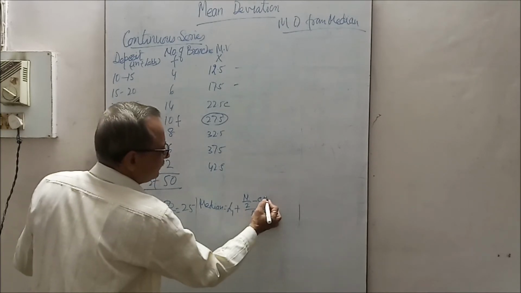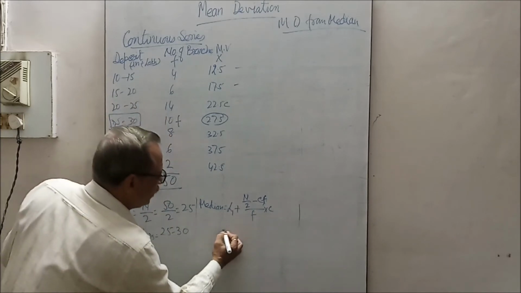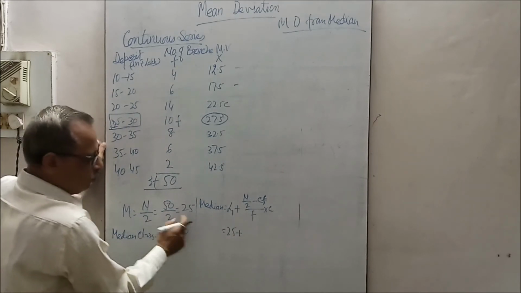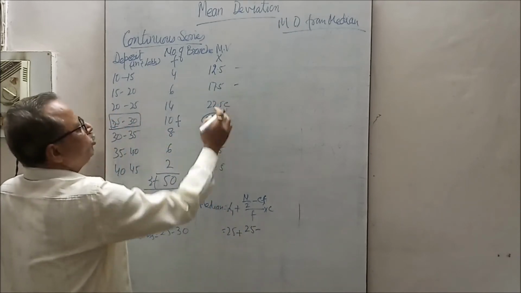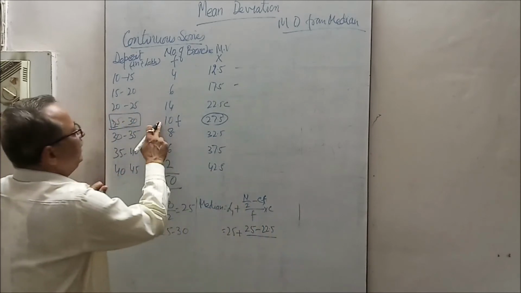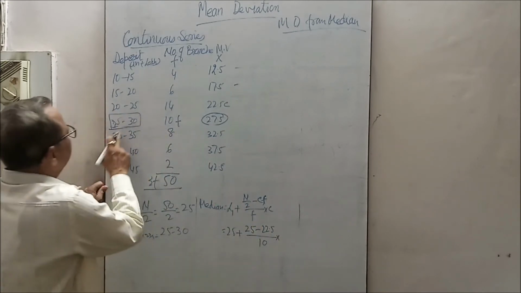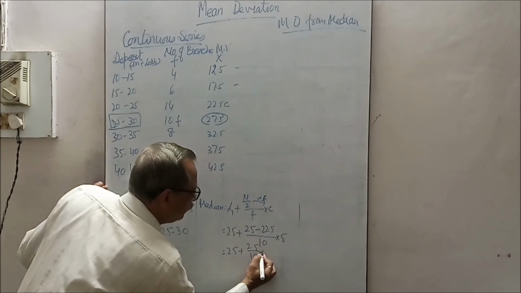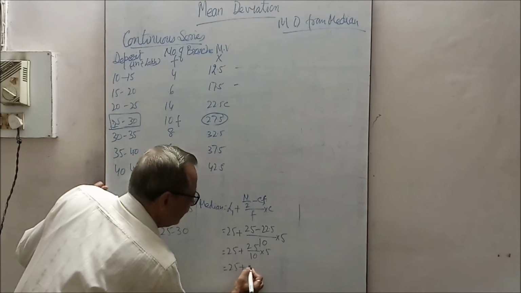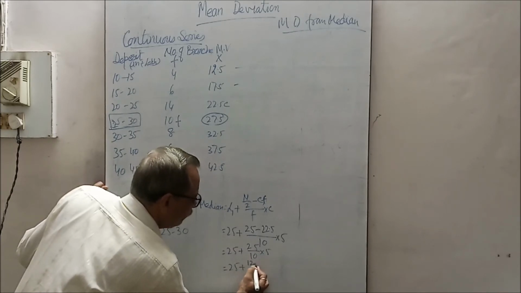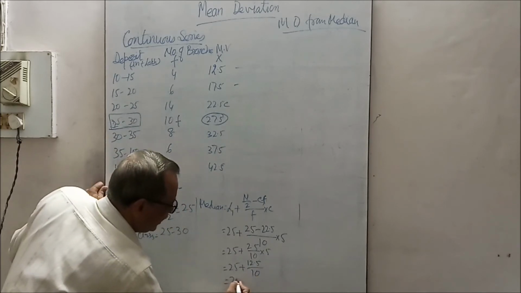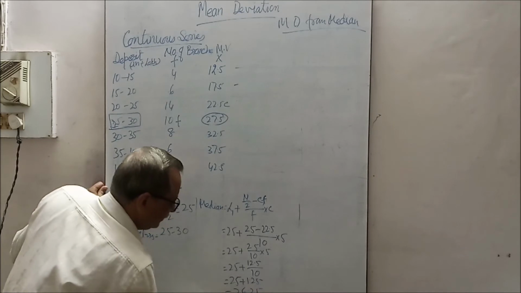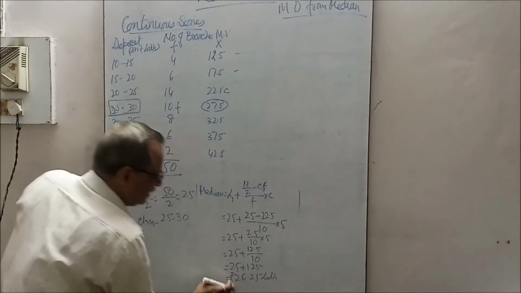So 25 plus 25 minus 22.5 upon 10 into 5, which is 25 plus 2.5 upon 10 into 5, 25 plus 12.5 upon 10, that is 25 plus 1.25. The median is 26.25 rupees lakhs.